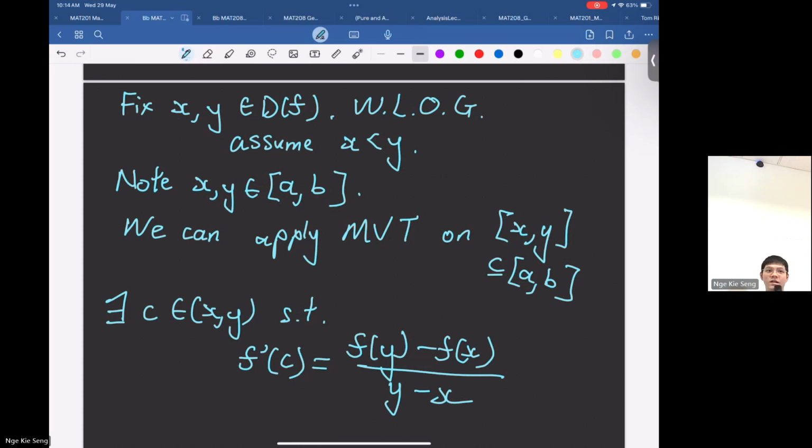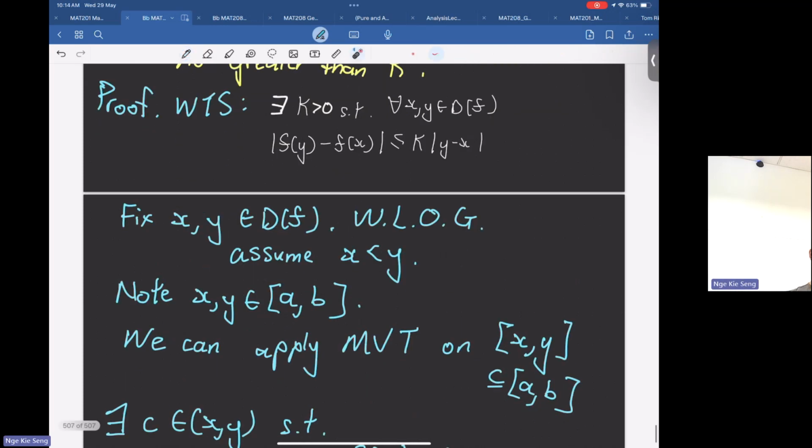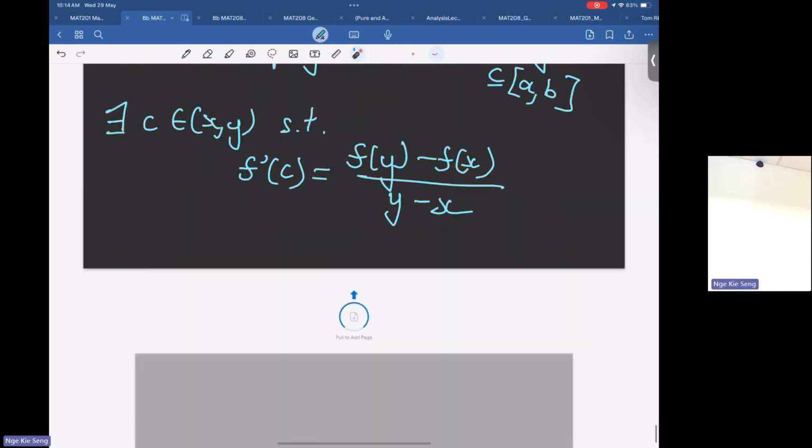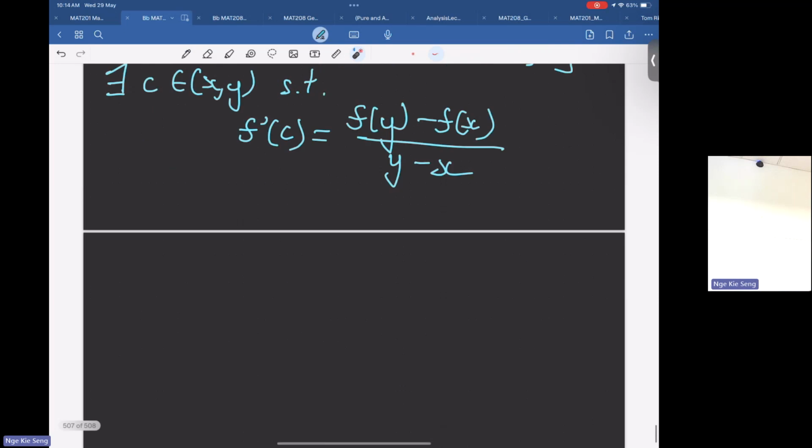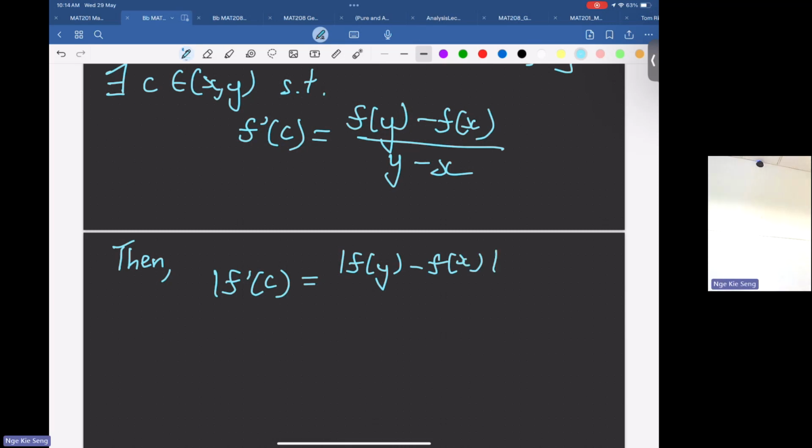But what do we need for continuity? We need the absolute value, right? So we can put absolute value on both sides. Is that true?